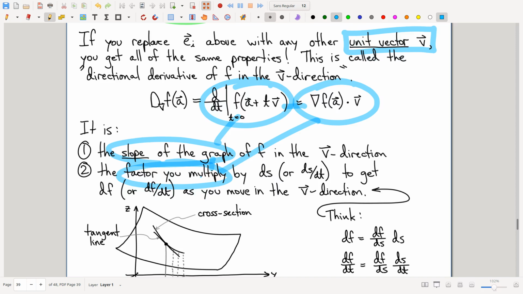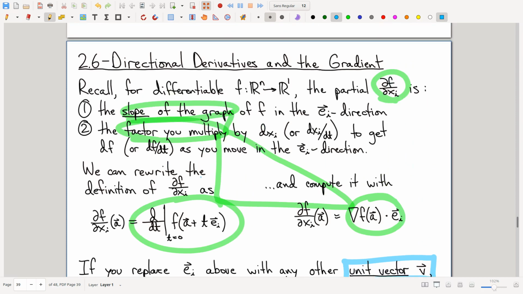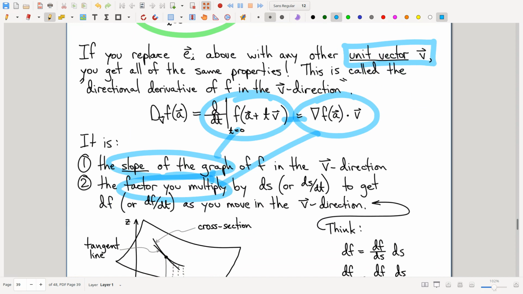So the big idea here then is, while previously we were restricting ourselves to standard basis vectors with respect to the coordinate system we picked, and these interpretations only applied to standard basis vectors, now we have this whole new interpretation. These things are all together for any unit vector. We can't call these partial derivatives because we did in fact pick a coordinate system, and we do want to keep it.